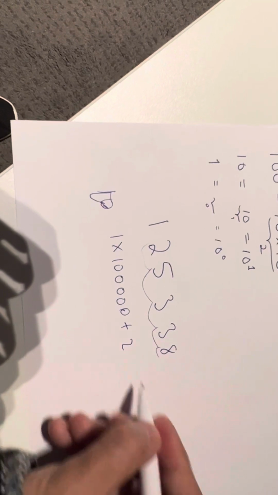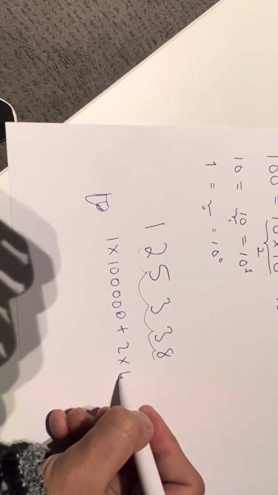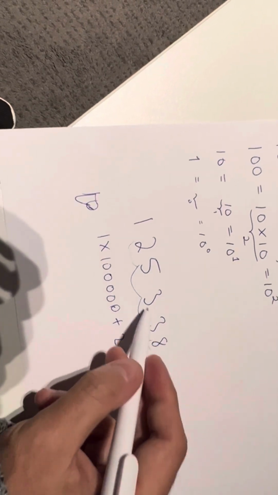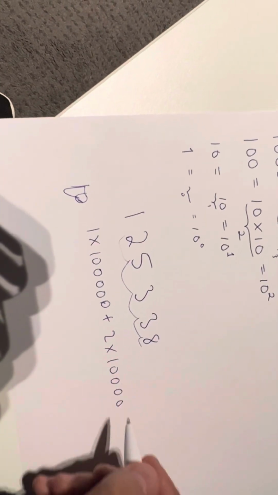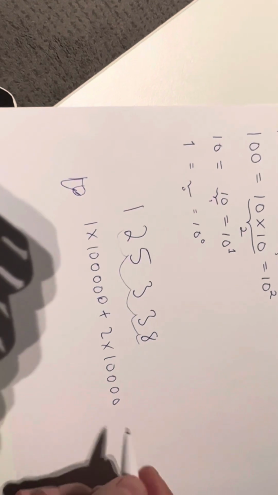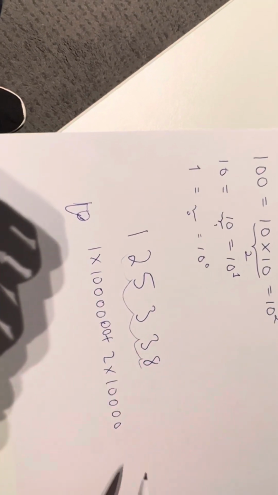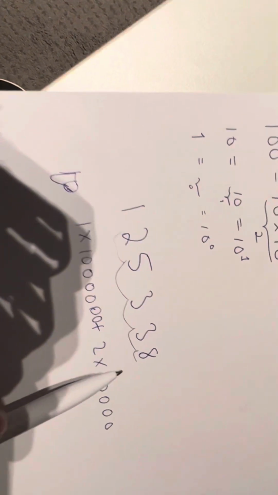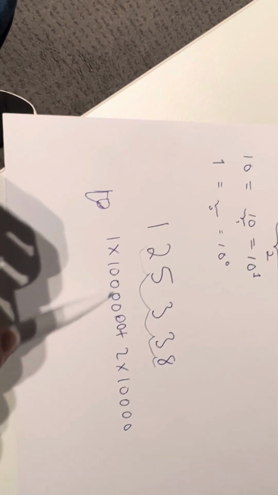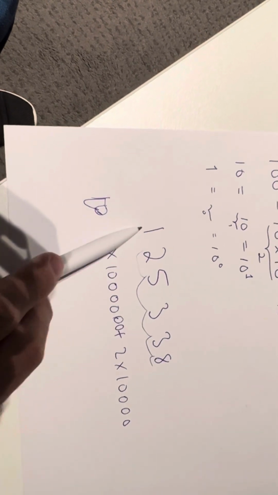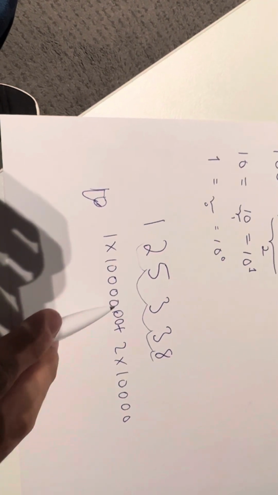Then plus 2 times 10,000. Oh no, sorry, I don't want to confuse you.